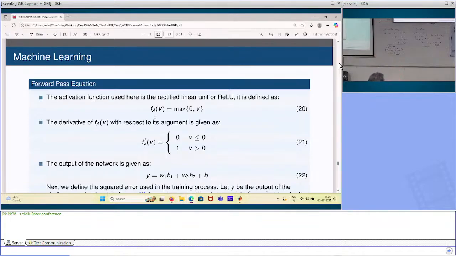This one, equation 20. Just draw it. The input is V, the output is f(V).